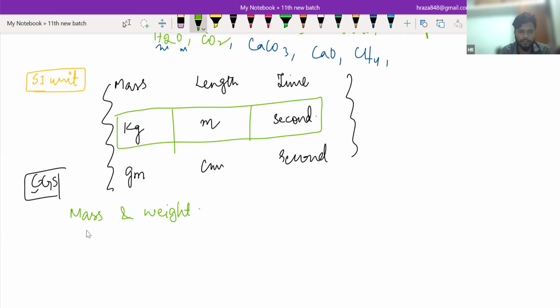So what is the difference between mass and weight? In physics, we differentiate them. Mass and weight are different, that is a fact. But in chemistry, when we talk about mass or weight, it will be the same. Here I'm going to give the correct definition.